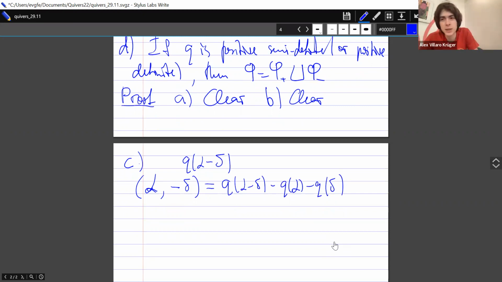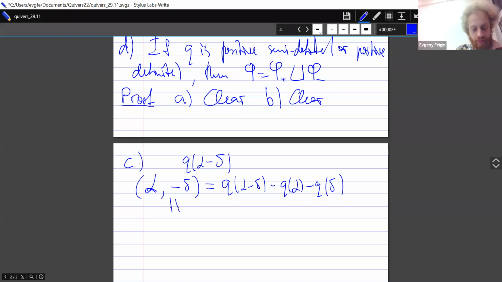So what do we know about this term? It's not negative. Well, we know actually even more. You remember delta is the kernel of our form.